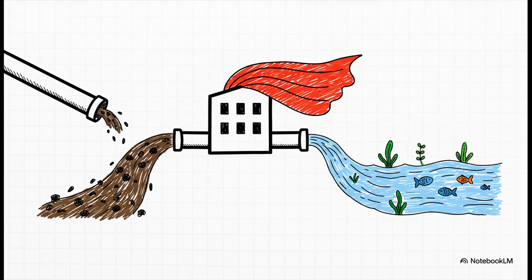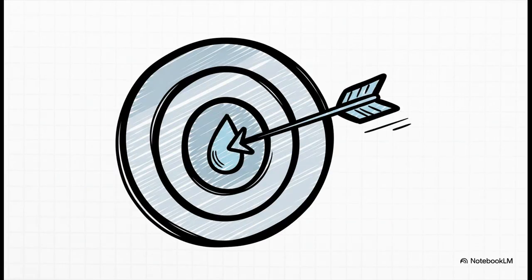And on the front lines of this fight are wastewater treatment plants. They really are the unsung heroes here. One of their most important jobs is to remove as many of these suspended solids as possible before that water gets returned to the environment. And to make sure they're doing their job right, they are held to a very, very specific standard. There is a magic number they absolutely have to hit to be in compliance and to protect our ecosystems.